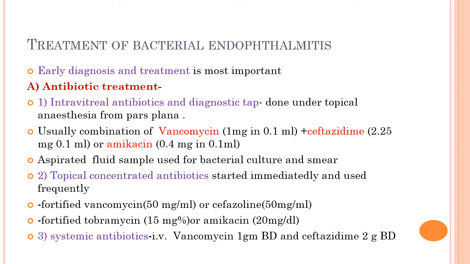Followed by this, you aspirate some amount of the vitreous and send it for bacterial culture and smear, so that you will come to know the specific organism causing this endophthalmitis. If it is fungal, again you have to go for intravitreal injection of antifungal agents in the form of amphotericin.